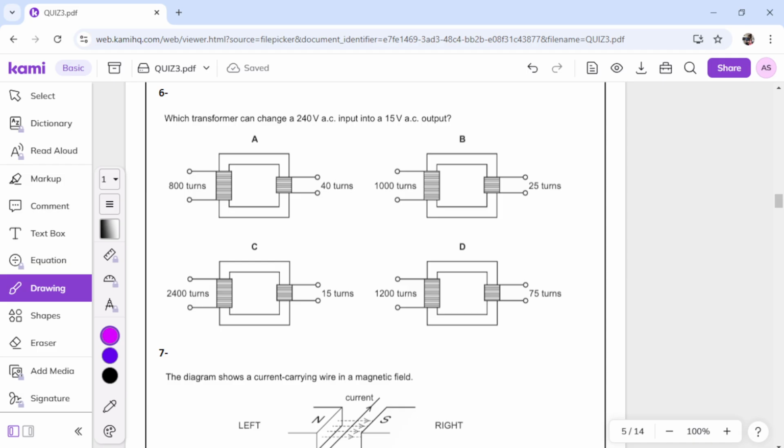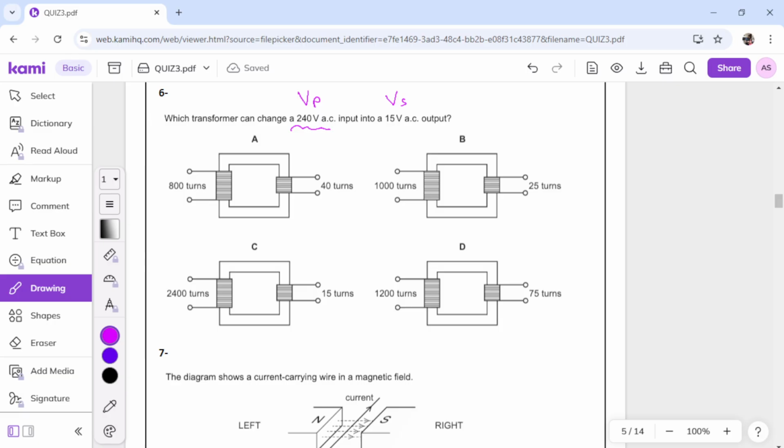Now he said which transformer can change 240 volts, this is V primary, into 15 V secondary. So before choosing, he didn't decide which one is primary and which one is secondary, right?